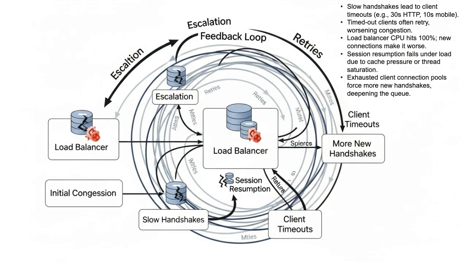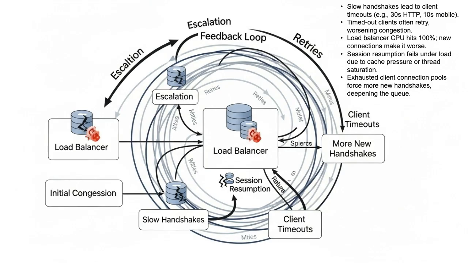Here's where the problem truly spirals into a nightmare scenario. As TLS handshakes slow down dramatically, clients inevitably start timing out. Most standard HTTP clients are configured with a generous 30-second connection timeout, but mobile clients operating in less stable network environments often employ a much shorter 10-second timeout. When these timeouts occur, what is the default behavior?